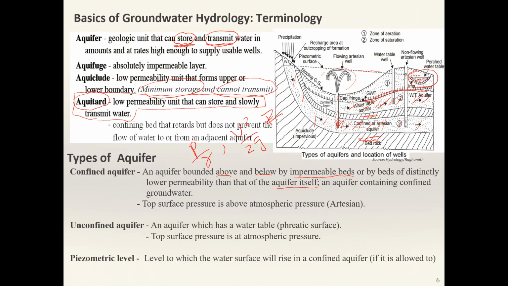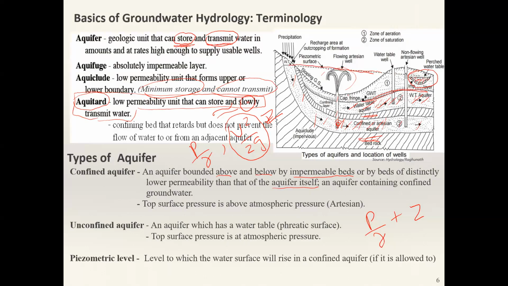But when we talk about groundwater flow, as I told you earlier, the velocity of the groundwater flow is quite small. Therefore, this can be neglected. Therefore, the piezometric level for groundwater flow is the pressure head plus the elevation head. So that is what this line here indicates.